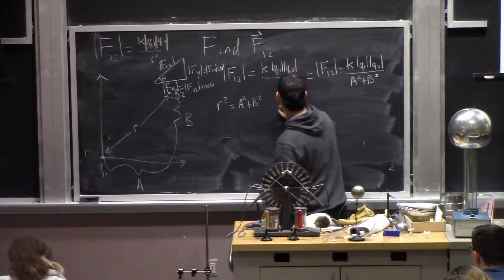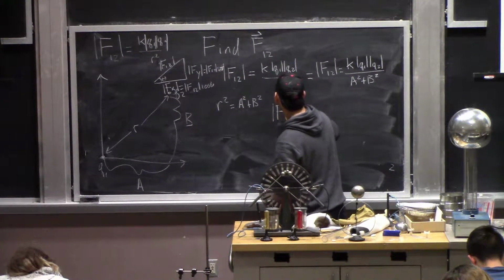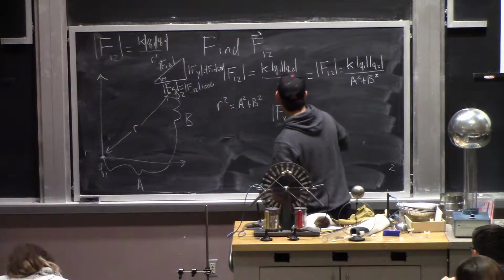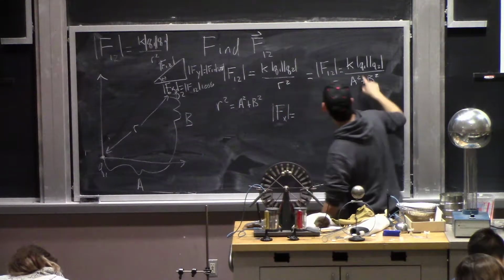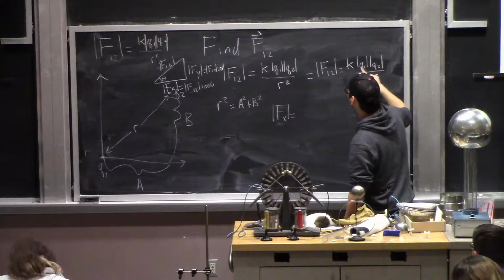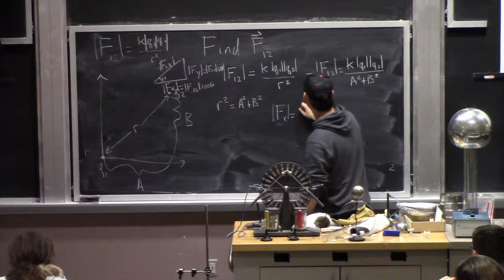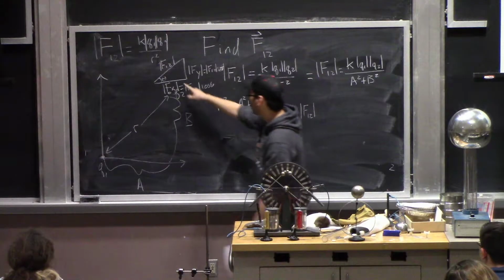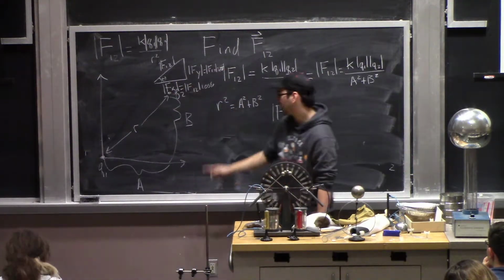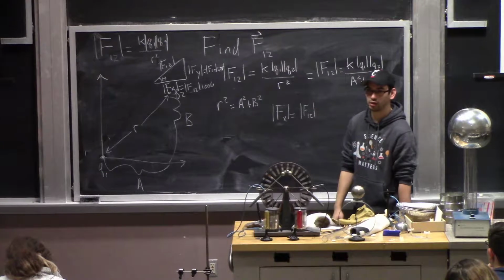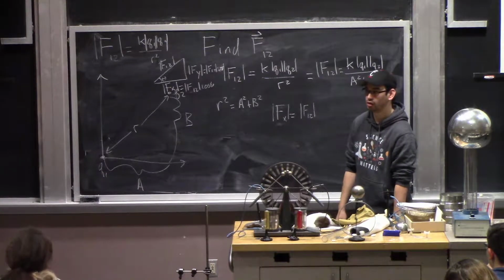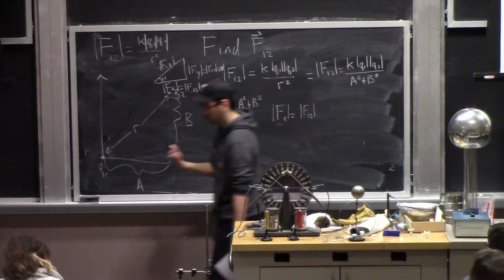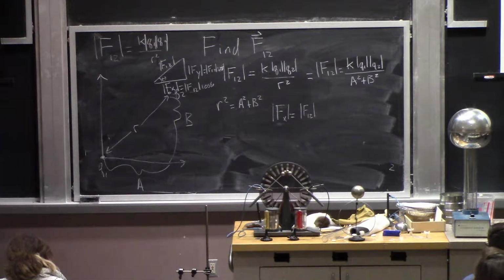So now if I want to calculate this, I can say the magnitude of Fx is going to be equal to F12 times the cosine of this angle. I'm not going to write this down again, because I have it here. What is the cosine of this angle from our diagram? In general, cosine is adjacent or opposite?